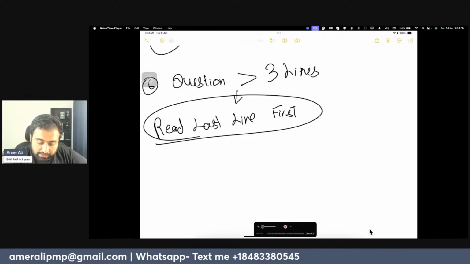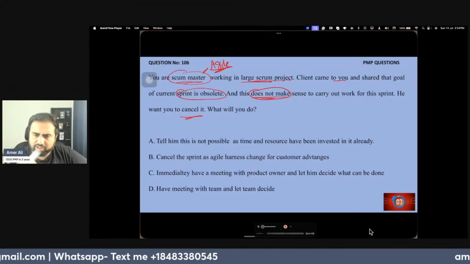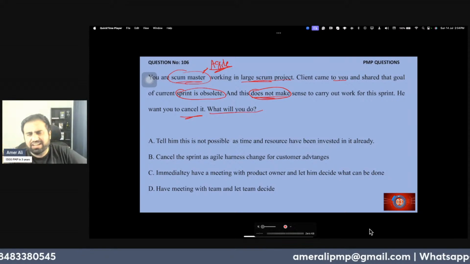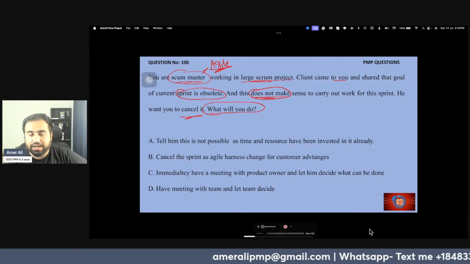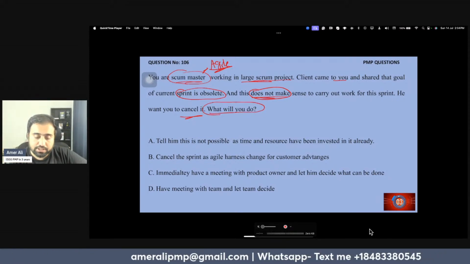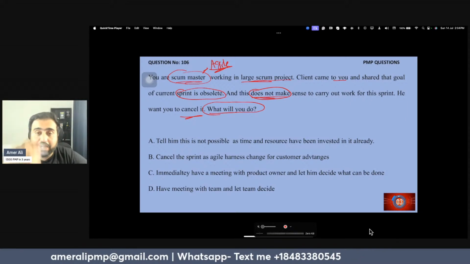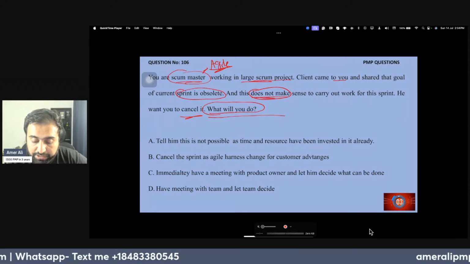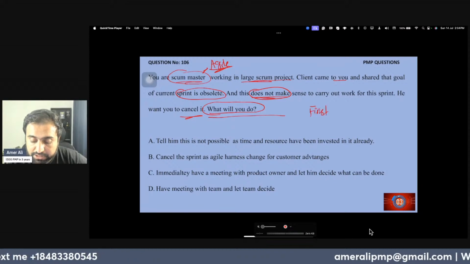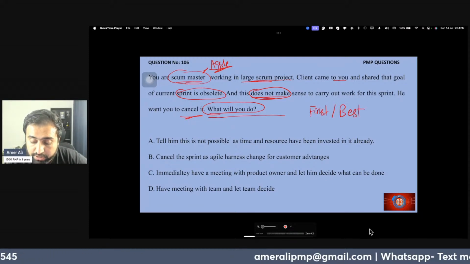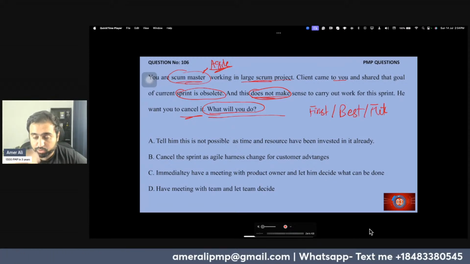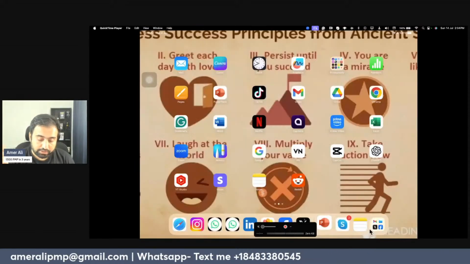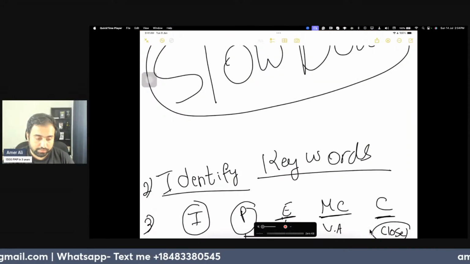For example, this question is almost 3 lines, I will read what will you do. It does not give me that much context. But some questions you will have what he will do next. What is the first thing to do? Like first and best, future. So that will actually help you a lot. So what is the first thing to do?